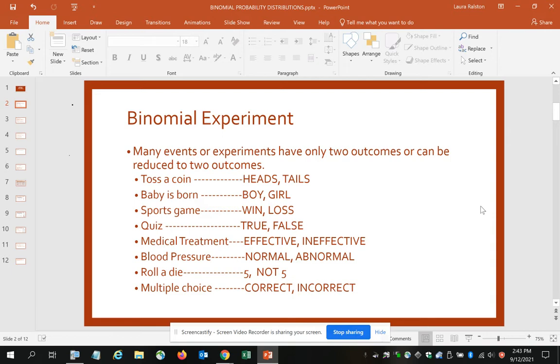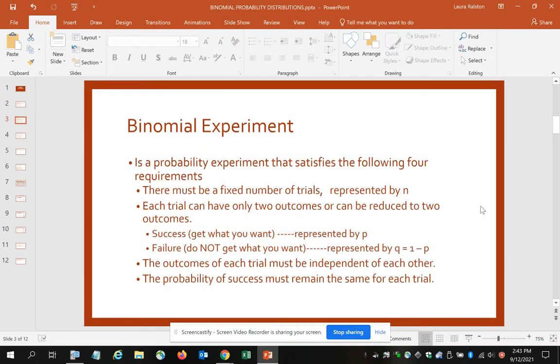So when you're thinking about a binomial experiment, there are actually 4 requirements for an event to be a binomial experiment. First of all, there has to be a fixed number of trials, which is typically represented by the lowercase n.